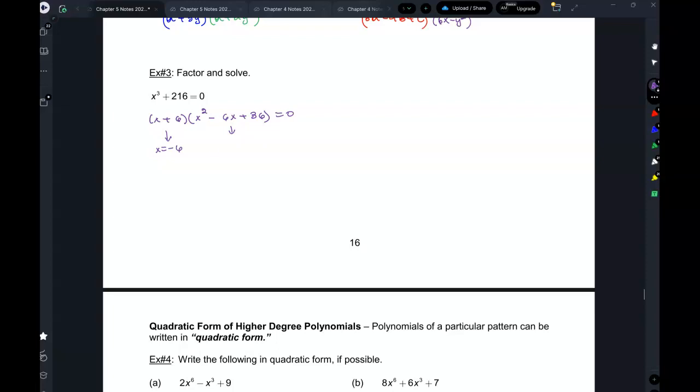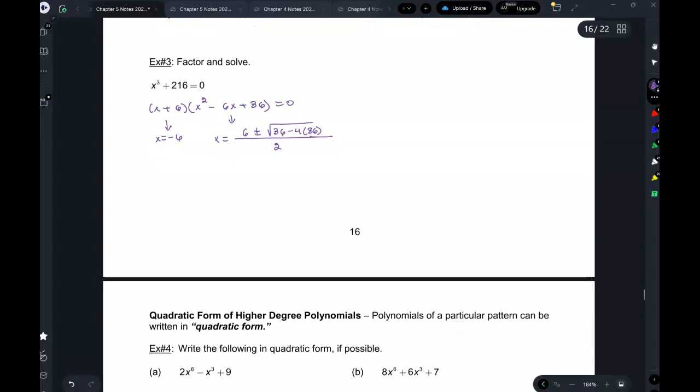Quadratic formula. Yeah, let's do it, guys. Come on. X equals negative b plus or minus the square root of what? B squared minus 4ac. Right, come on. Why did we learn it? So we can use it. We got to solve for x. Look, factor and solve. 6 plus or minus, what do we get here?